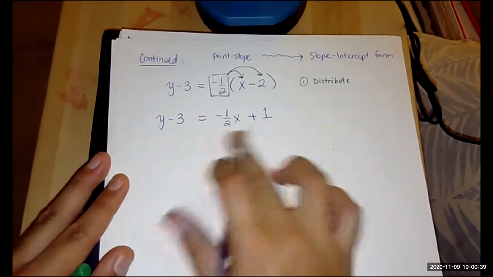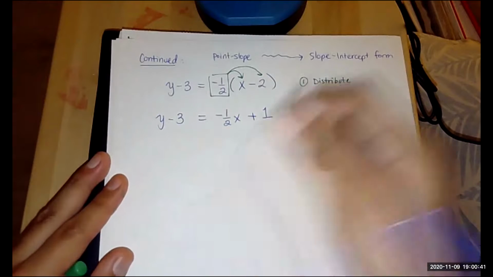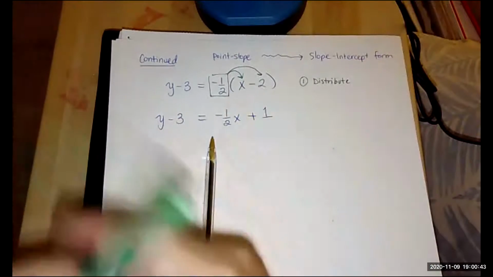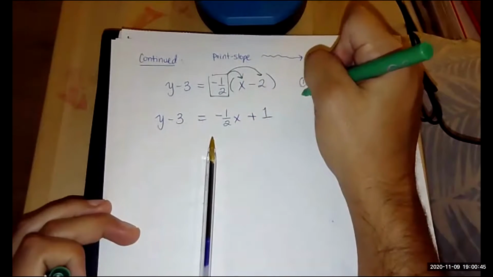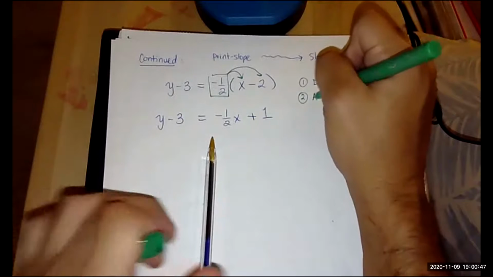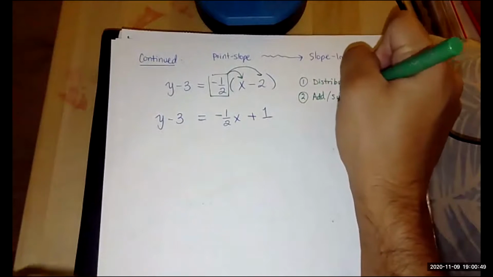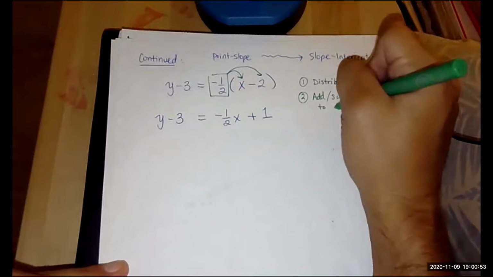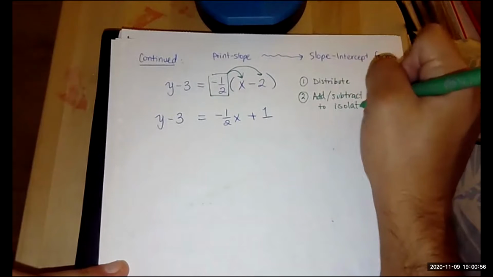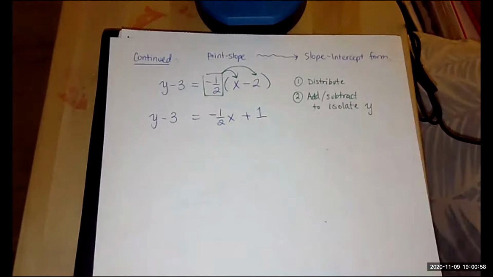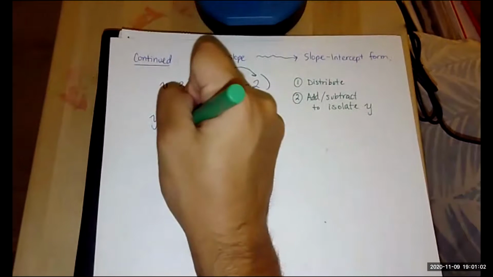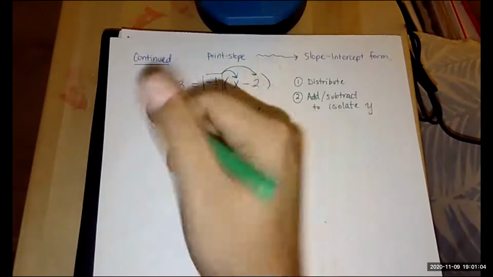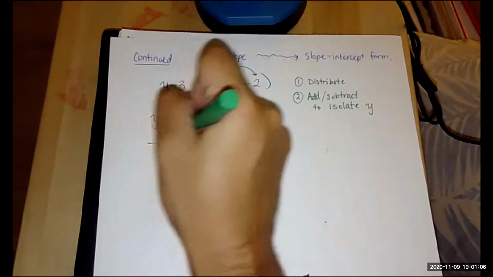And to get this into slope-intercept form, we just need to add or subtract something over to the other side, but basically to isolate y. So I'll just add 3 to both sides so that this negative 3 and this positive 3 can cancel out.